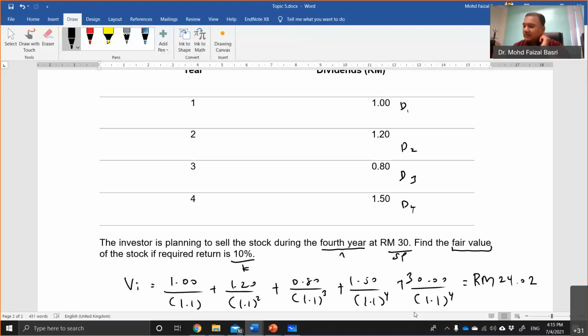I can't remember the answer, to be honest with you. I need to calculate. But if someone can vouch whether the answer is correct, then I don't have to calculate. Okay, 24.02.